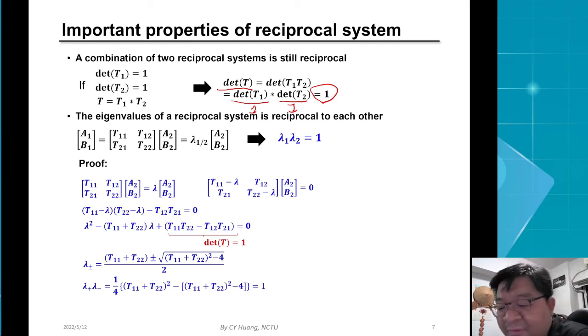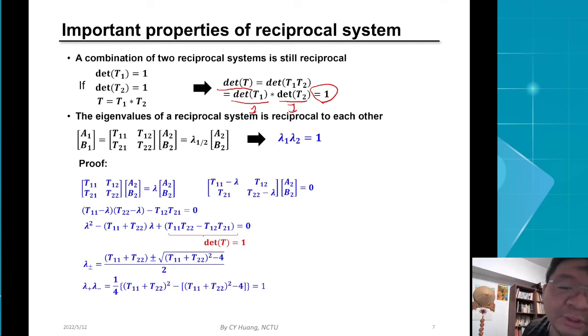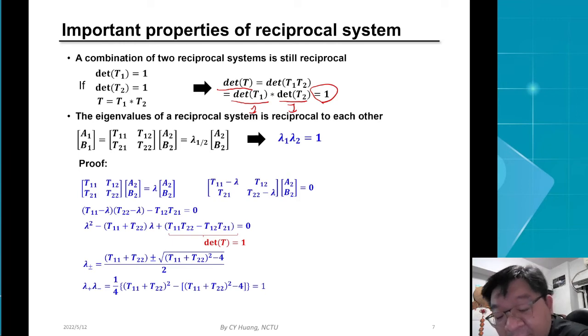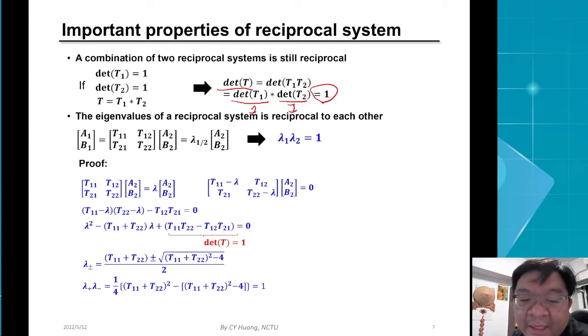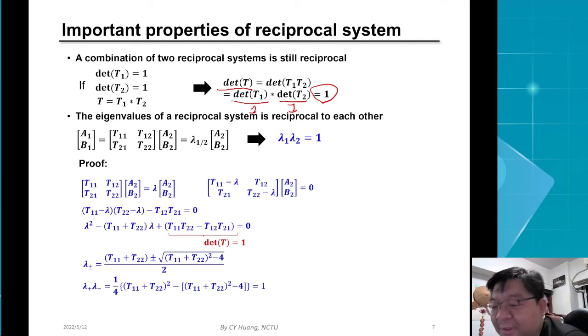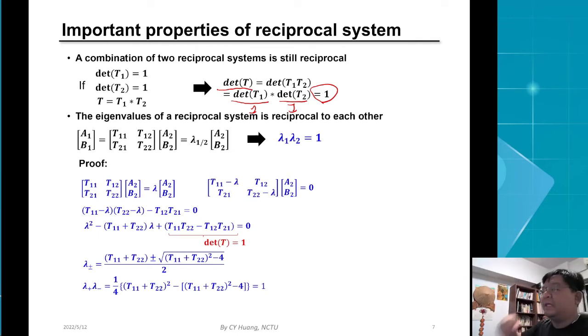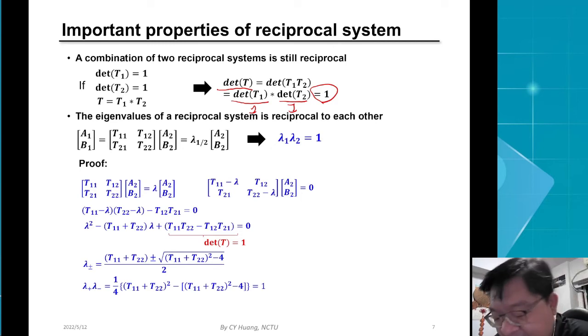But today we have a stronger implication about the reciprocal system, regarding the eigenvalue and the eigenvector. The eigenvalues of a reciprocal system will be reciprocal to each other. That sounds pretty cool.